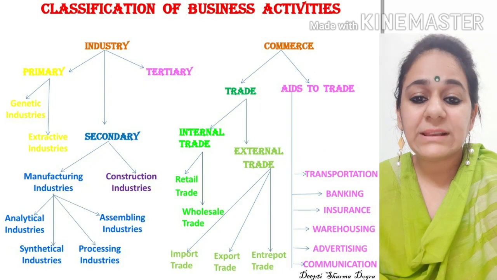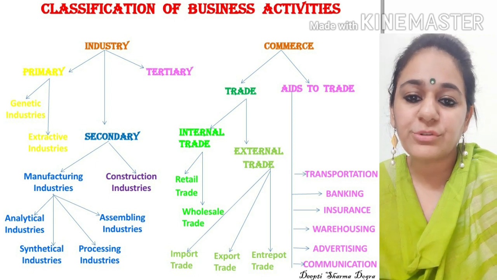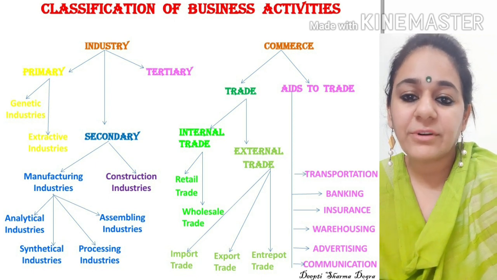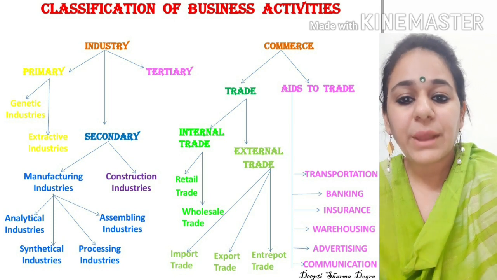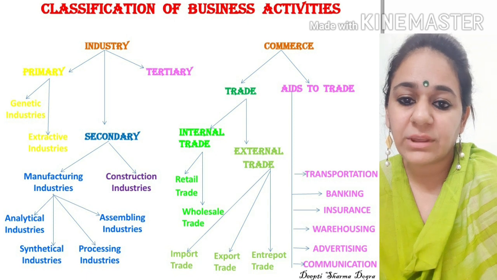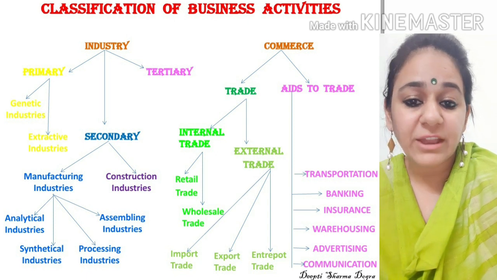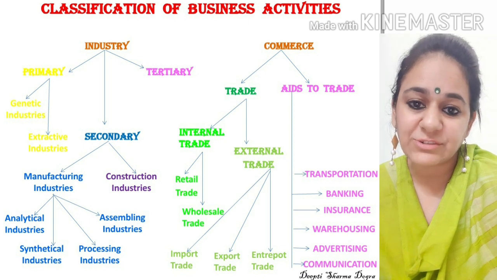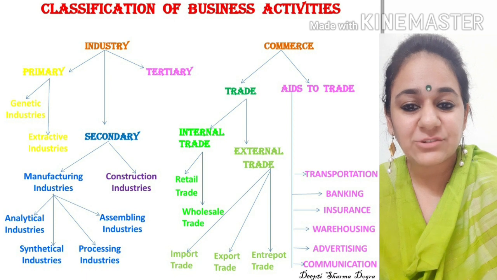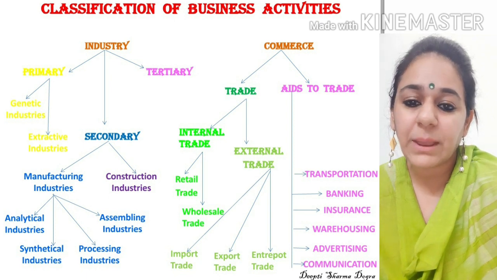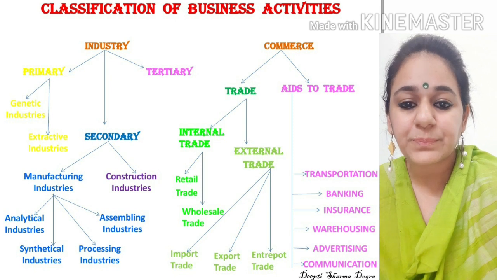So this is all with the classification of business activities as industry and commerce. Industry, we have primary industry, secondary industry and tertiary industry. Primary industry में genetic industry and extractive industry. Secondary industry में manufacturing industry and construction industry. Manufacturing industry में again we have analytical industry, synthetical industry, processing industry and assembling industry.